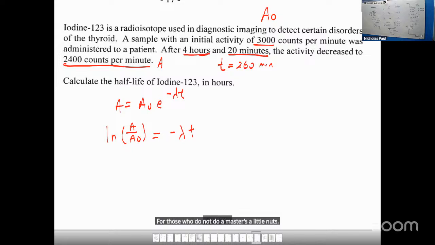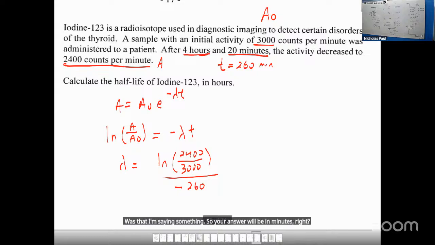So therefore, lambda is equal to ln A, where A was 2400 and A naught is 3000, divided by minus t, 260. So your answer will be in minutes. What did I get for lambda there?